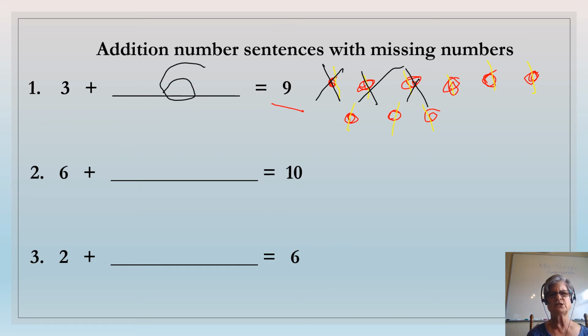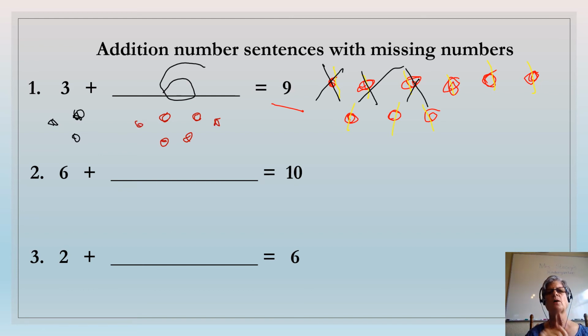I want to make sure that's right. So underneath the 3, I'm going to make 3 black dots. Then underneath the 6, I'm going to make 6 dots. 1, 2, 3, 4, 5, 6.